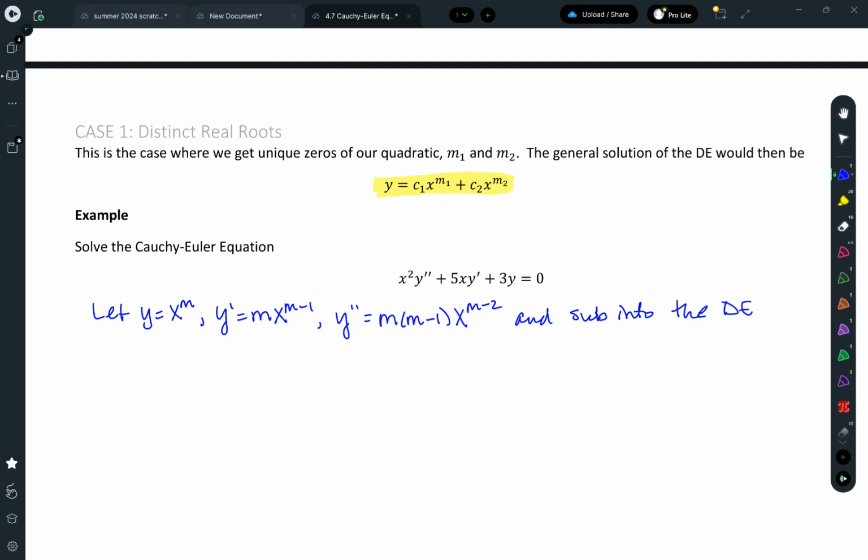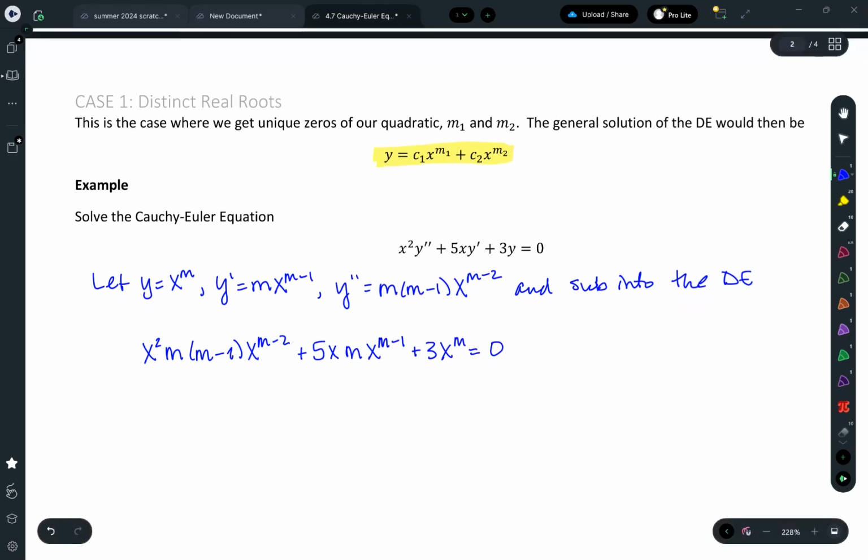So when we do that, the first term, x squared y double prime, becomes x squared m times m minus 1 x to the m minus 2, plus 5x, and we replace y prime with m x to the m minus 1, plus 3, and the y gets replaced with x to the m, and that's all equal to 0.